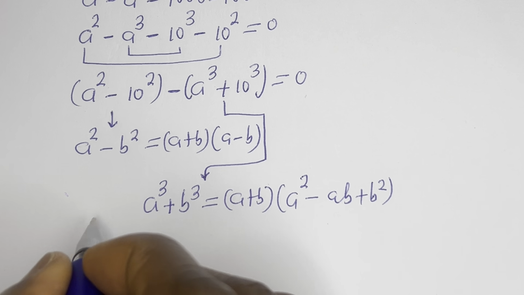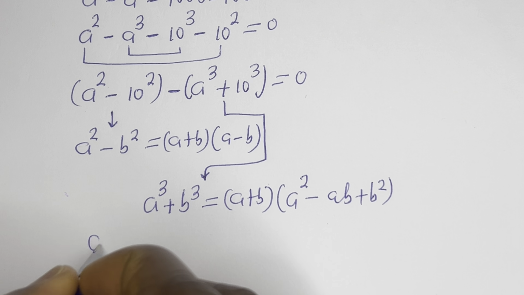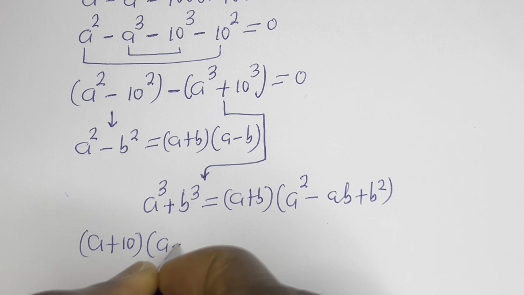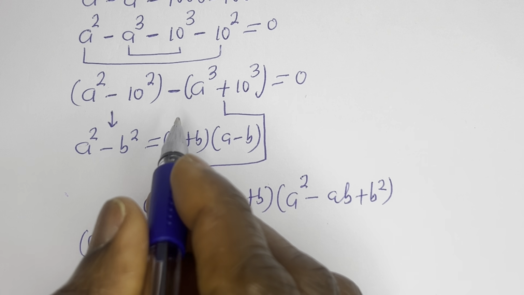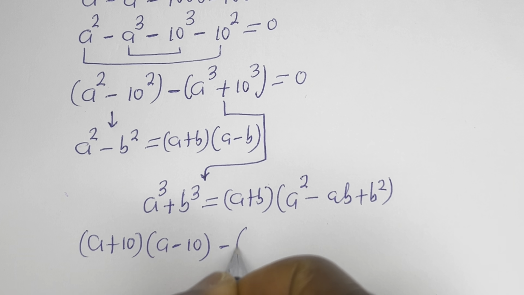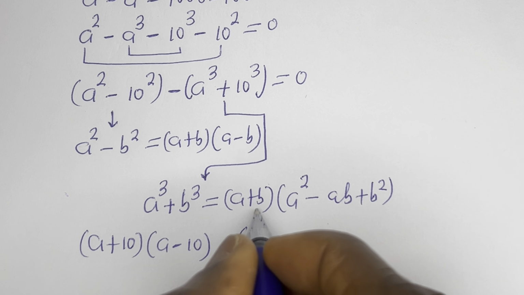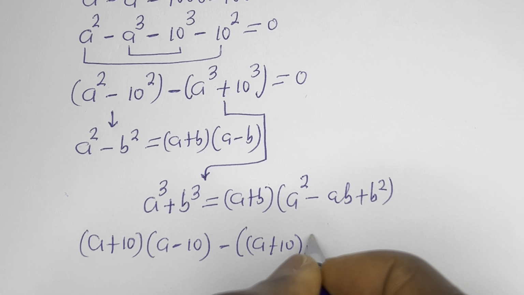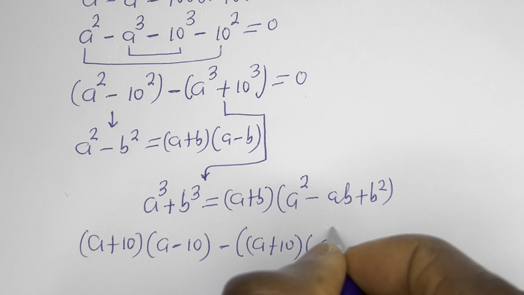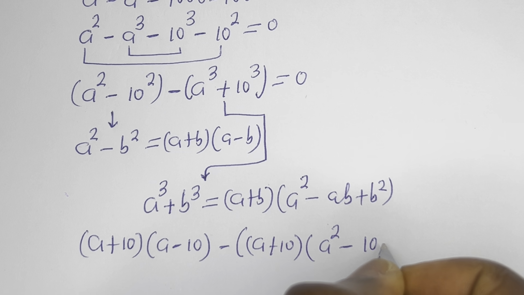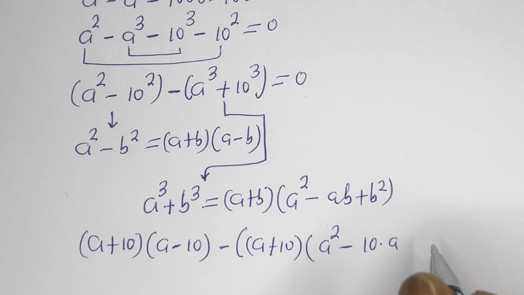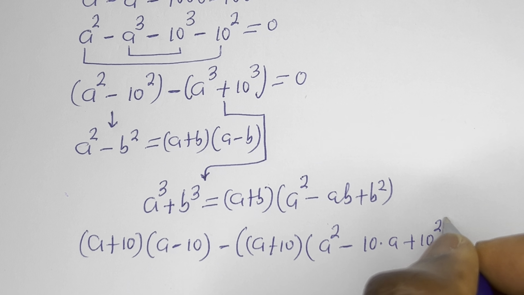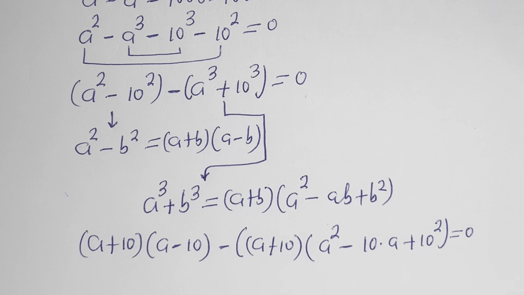Let's start from here. We have a plus 10 bracket a minus 10, then minus bracket a plus 10 bracket a squared minus 10 multiplied by a plus 10 squared is equal to 0.